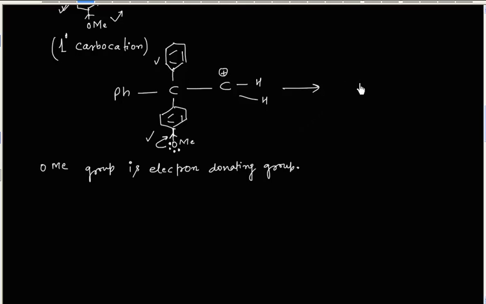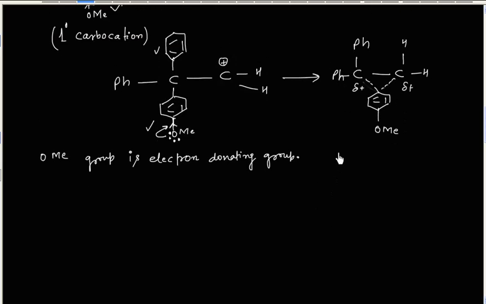Migration happens through a transition state. So we can show the transition state. Now this is the transition state of migration.